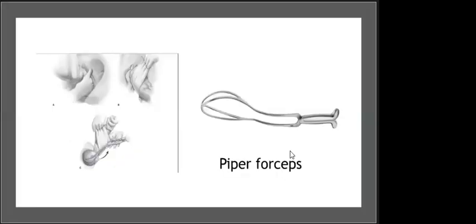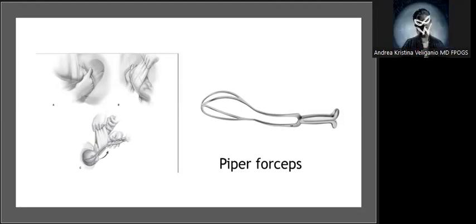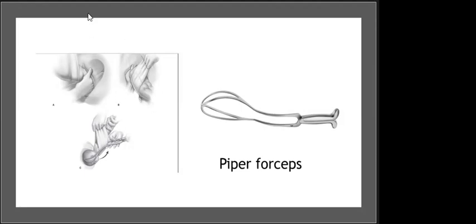Sometimes we also use Piper forceps. It's not just any kind of forceps, but rather a Piper forceps, which is used to help you deliver the aftercoming head. There should be proper placement of this forceps in order for you to aid in the delivery of the aftercoming head.